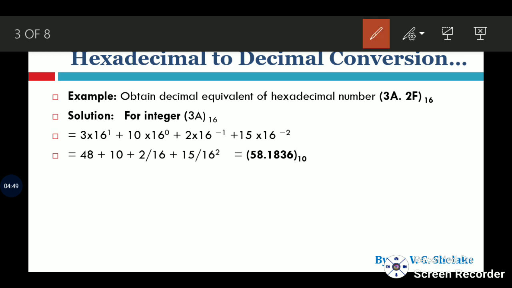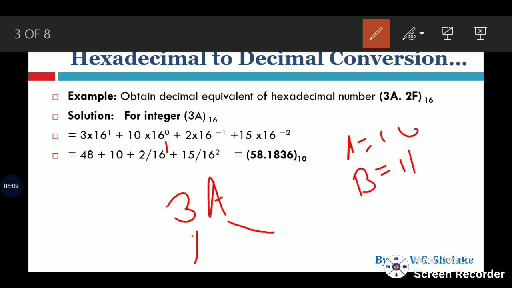Means, for example, 3A. A has the weight of 16 raised to 0 and 3 has the weight of 16 raised to 1. 16 raised to 0 means 1 and this A means 10. So A is nothing but 10, B is nothing but 11, C is nothing but 12, D is nothing but 13.